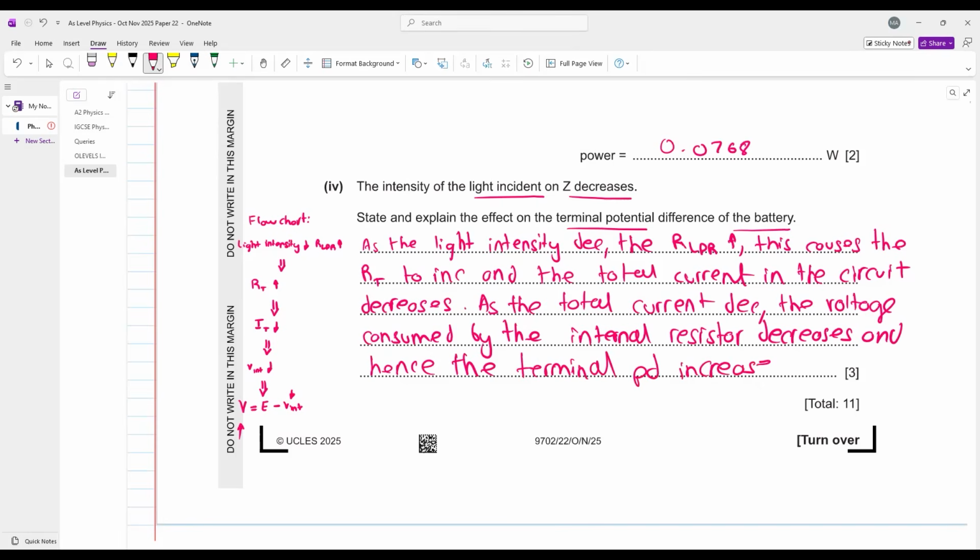Simple. Voltage consumed by the internal resistance will decrease. Terminal potential difference will increase. Simple. Let's move ahead to the next question.